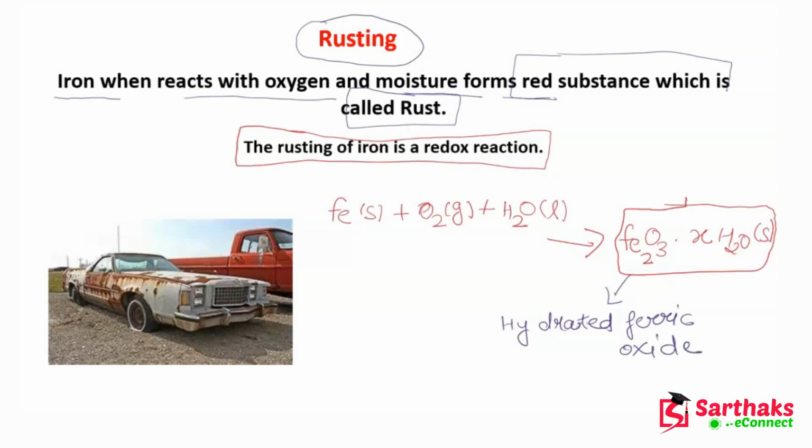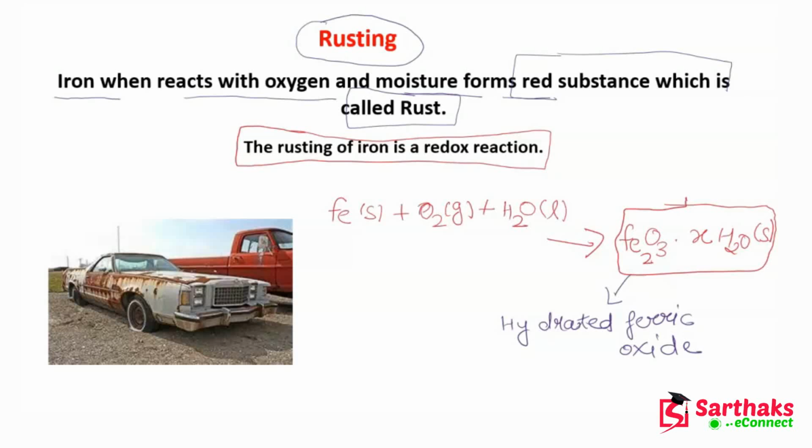Okay guys, I hope this is clear to you. So what do you have to remember here? That when iron is attacked by oxygen and moisture, then it forms a red substance, and the red substance is known as rust, and this process is known as rusting.